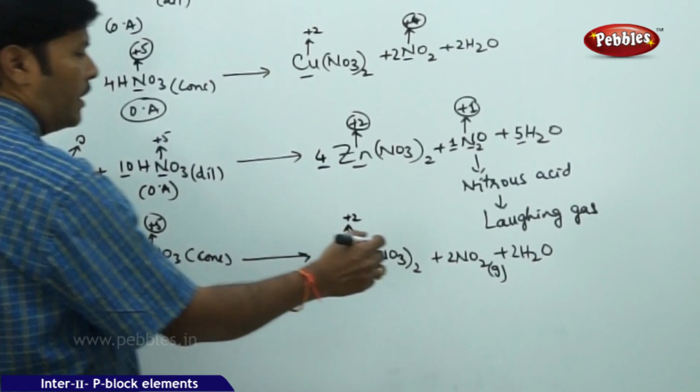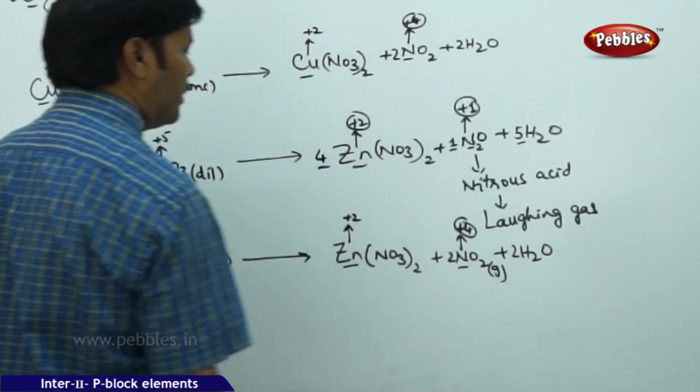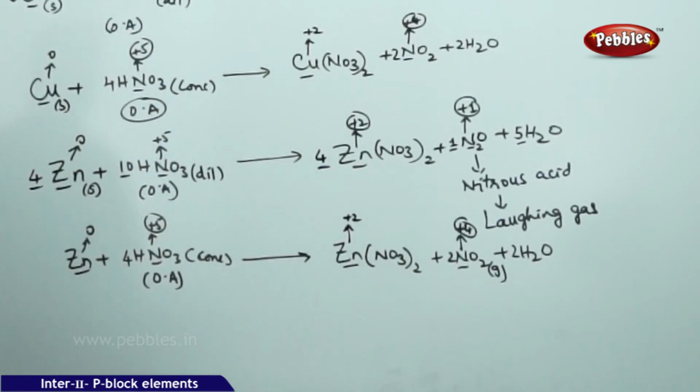Because it is an oxidizing agent, it has to get reduced, and the oxidation number of nitrogen is +4. So all the reactions are properly justified.